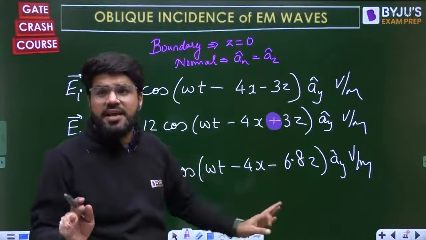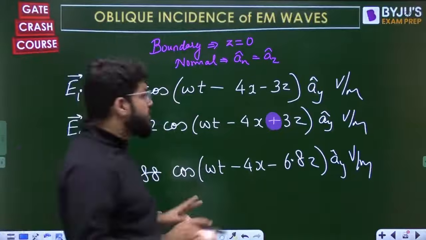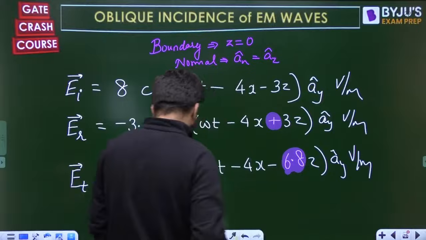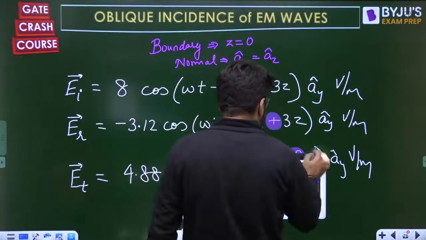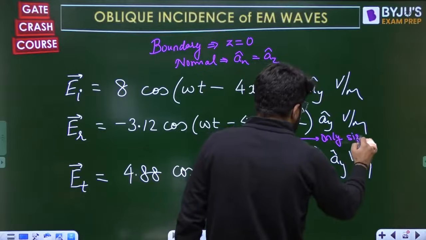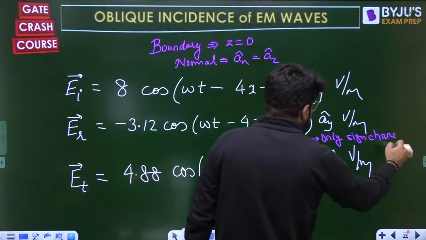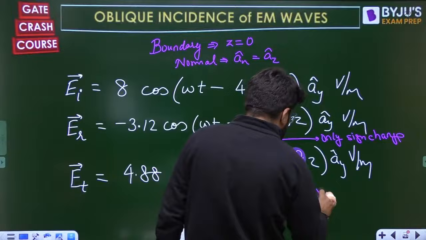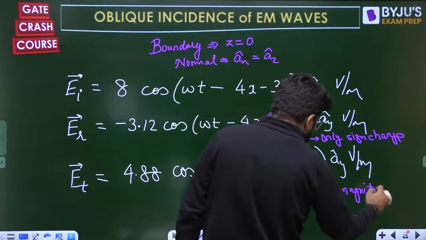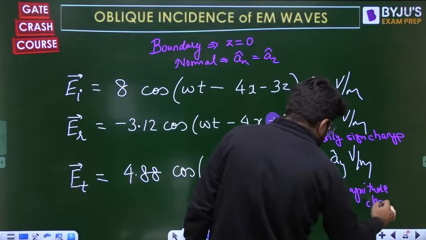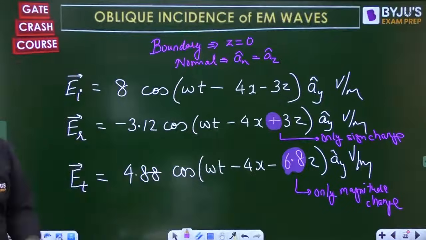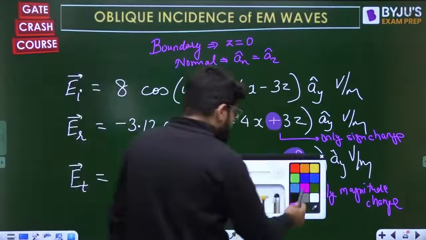There is no sign change, but there is a coefficient change. Instead of 3, there is some other coefficient. So this is only a sign change in the Z term, and here only a magnitude change of the Z term.